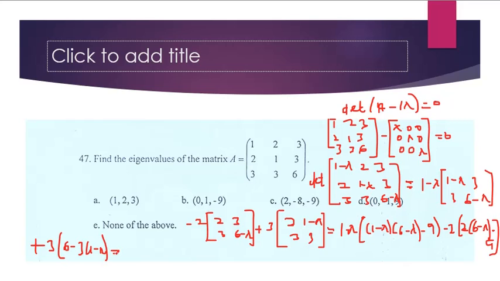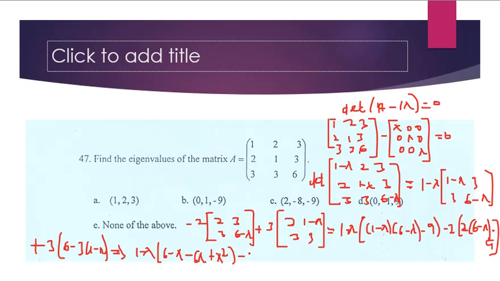Right, so when you simplify these further, you end up with 1 minus lambda multiplying 6 minus lambda, minus 6 lambda, plus lambda squared. We are trying to simplify this further.